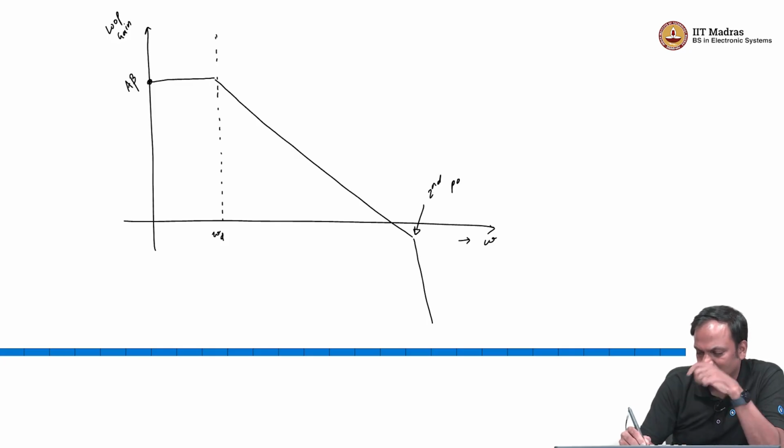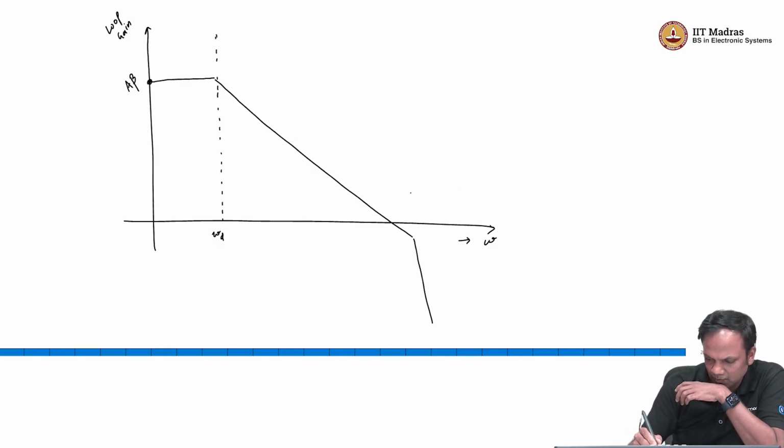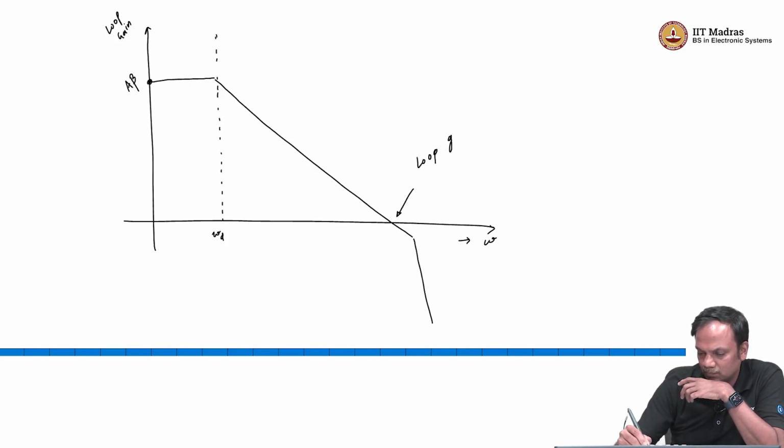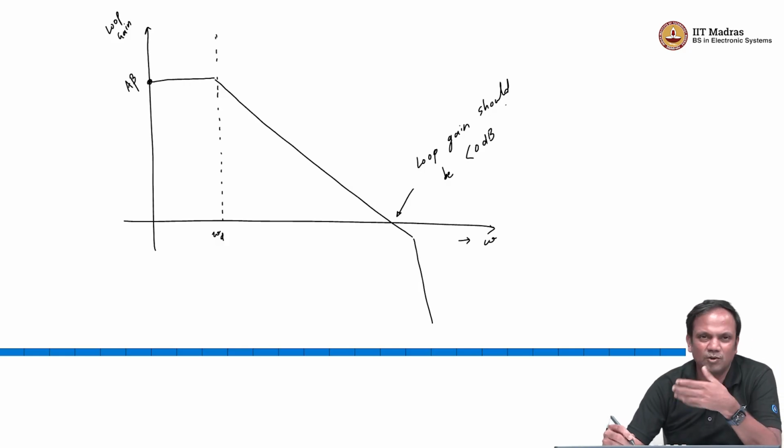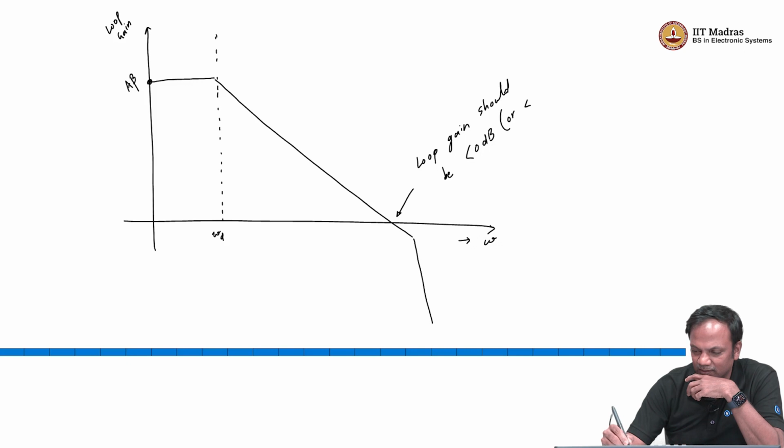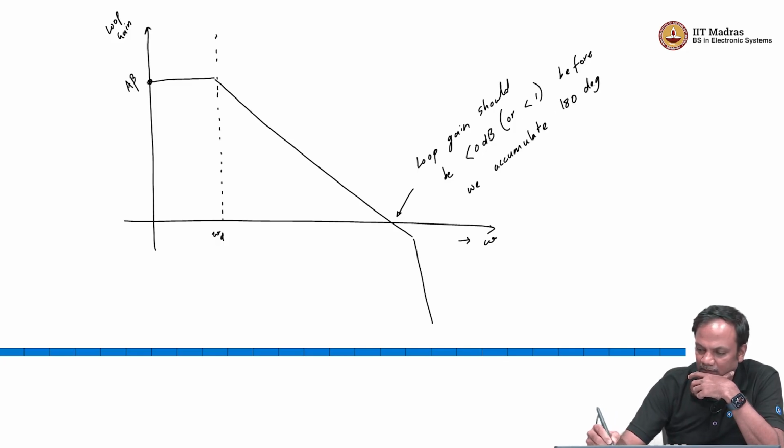You would do this because you want the loop gain to be less than 0 dB, that is, the number 1 or less than 1, before we accumulate 180 degrees of phase.